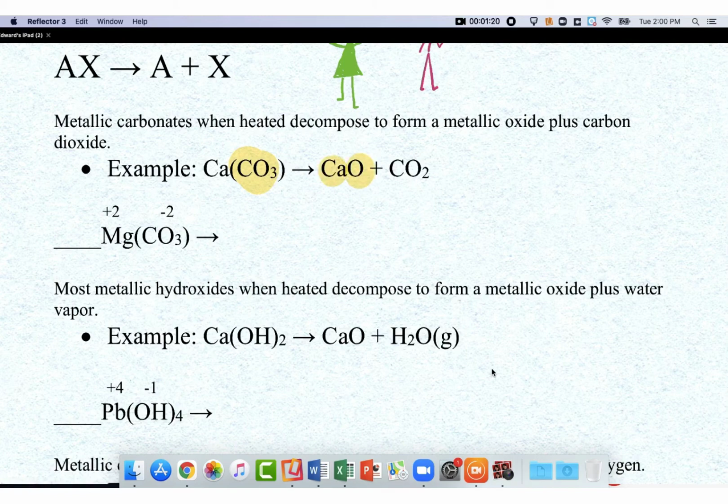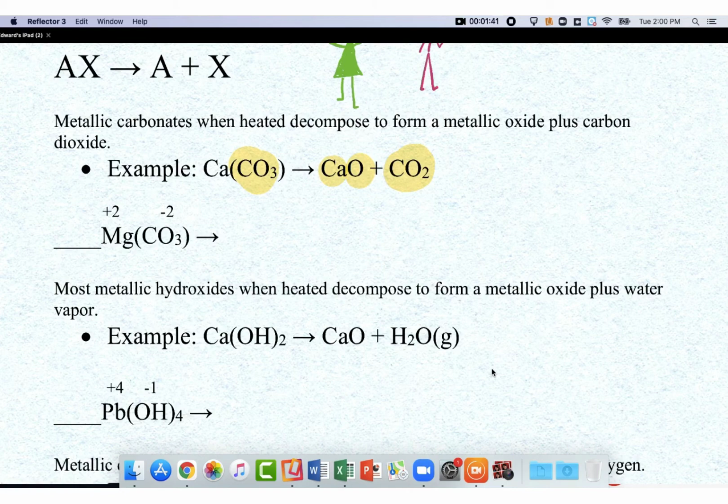So it forms the metal oxide and then carbon dioxide. It follows that pattern. So it's going to be your job to take this magnesium carbonate and split it apart just the way that I split up the calcium carbonate. Follow the same pattern. Now it's going to balance different because it's different compounds.